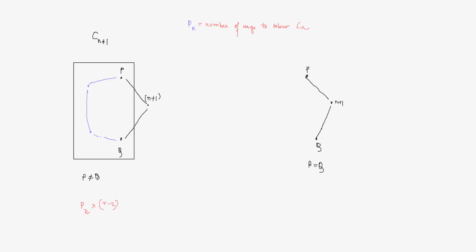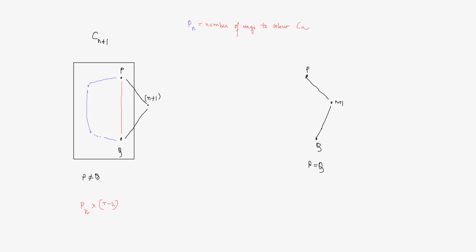When P is not equal to Q, then essentially it boils down to this: you can color the rest of the vertices except the n plus 1 in Pn ways. Why? Because P is not equal to Q, so you can actually form a cycle here, and this means it's a cycle which can be colored with R colors.